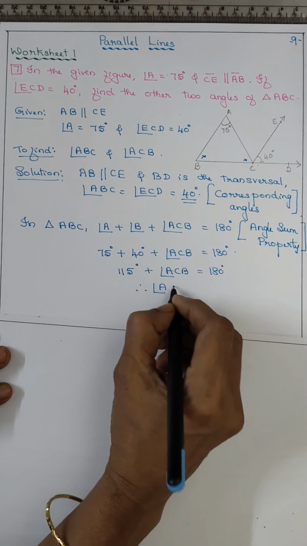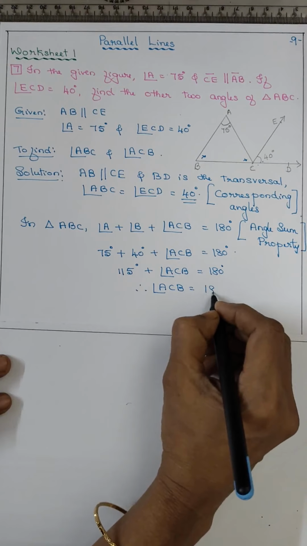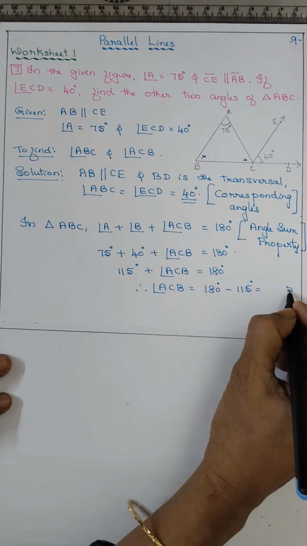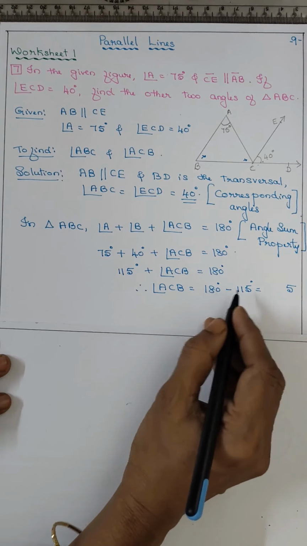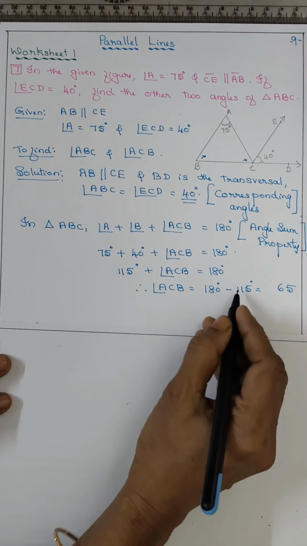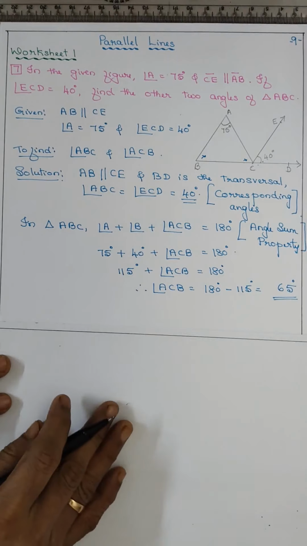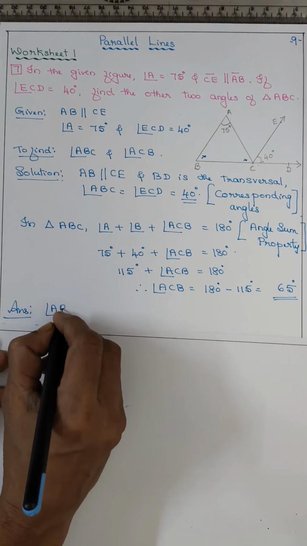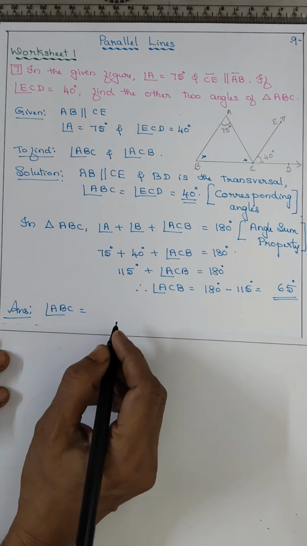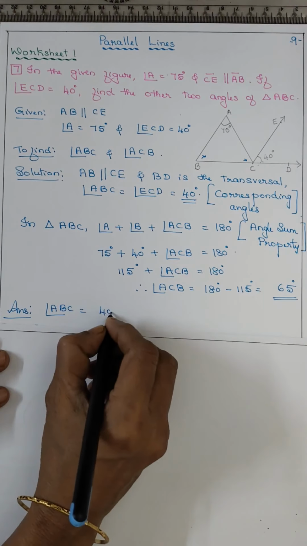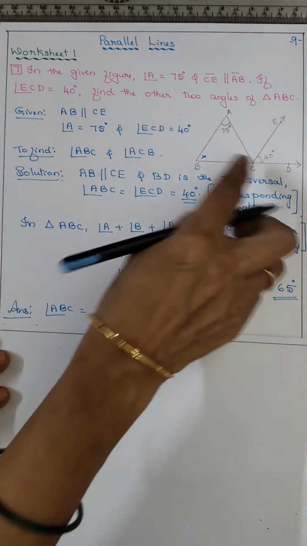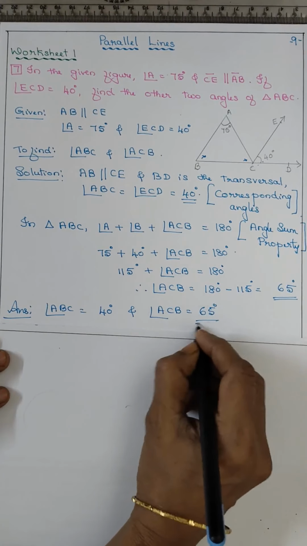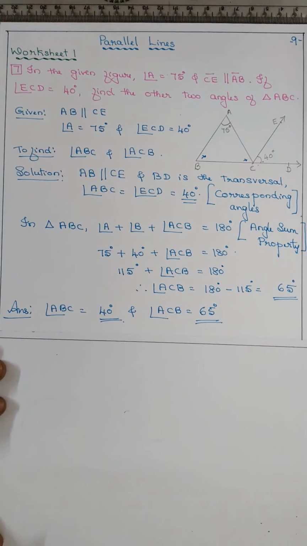Therefore, angle ACB is equal to 180 minus 115, which is 65 degrees. So the answer: angle ABC, that is at B, is 40 degrees, and angle ACB is equal to 65 degrees. It was comparatively easy, isn't it?